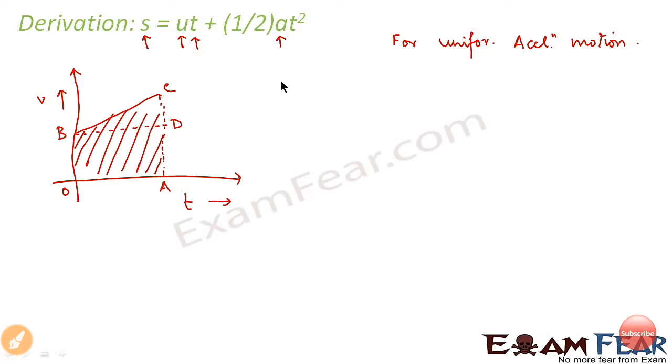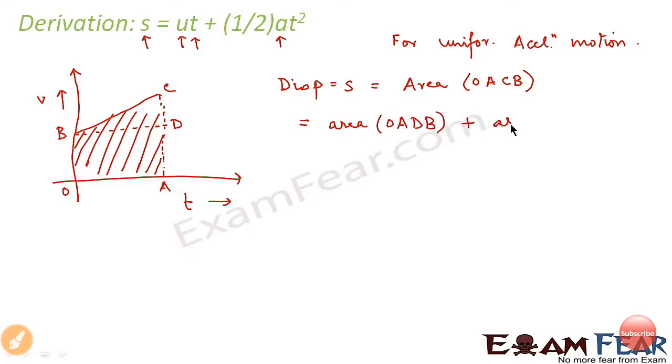So displacement S will be equal to the area of OACB. The area of OACB will be the area of OADB, which is a rectangle, plus the area of the triangle BDC.